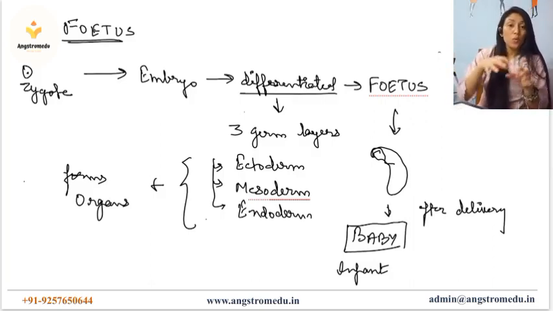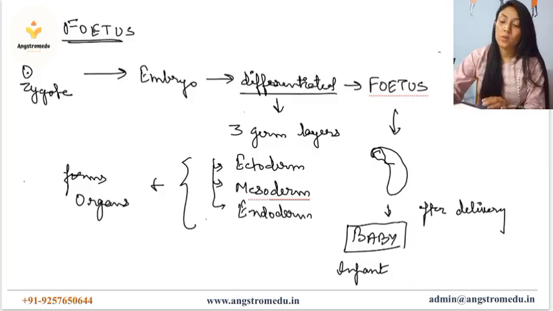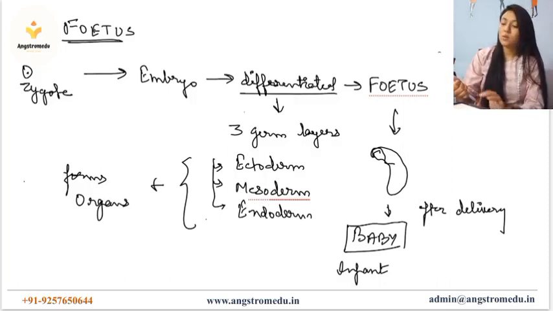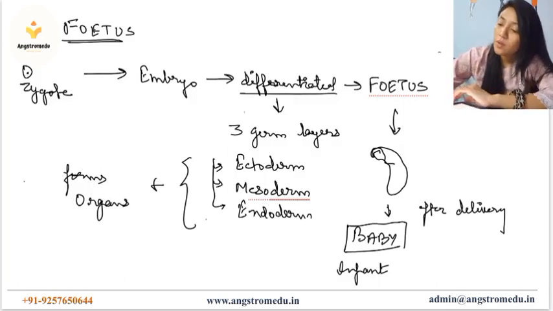Now this whole developmental process from zygote till the birth of the baby is known as gestation. Not the process, the period I'm talking about, the whole duration, is known as the gestation period.